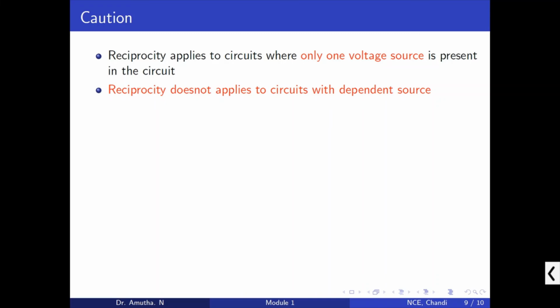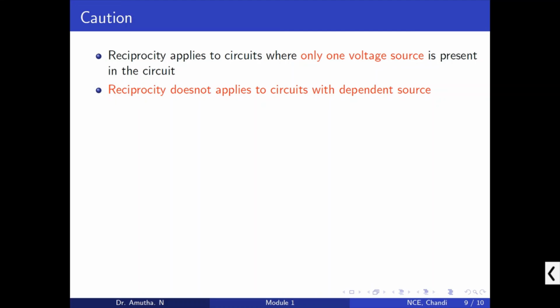These two things we need to take into account. One is, with dependent sources we cannot apply the reciprocity theorem. Another one is, only one voltage source should be present in the circuit. We can apply reciprocity only with one voltage source alone.